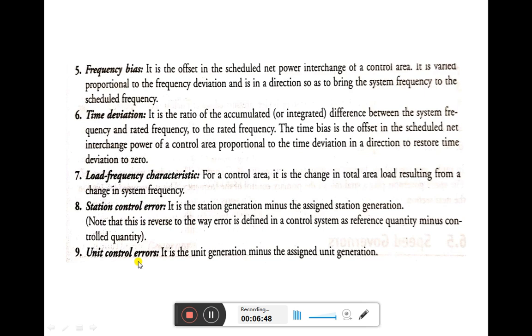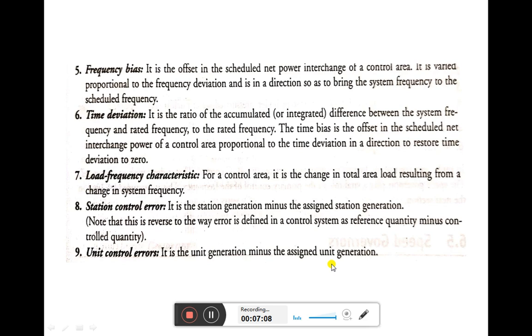Then unit control error is the unit generation minus the assigned unit generation. Here, unit is the term referring to a generator. So the definition of this error is unit generation minus the assigned unit generation.